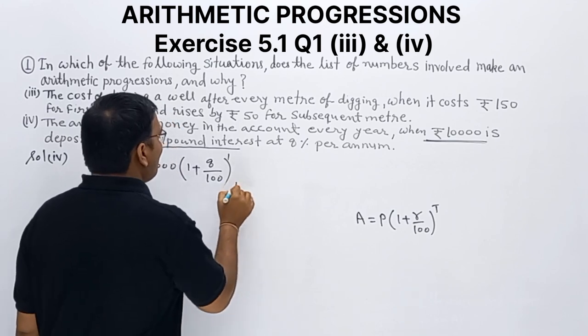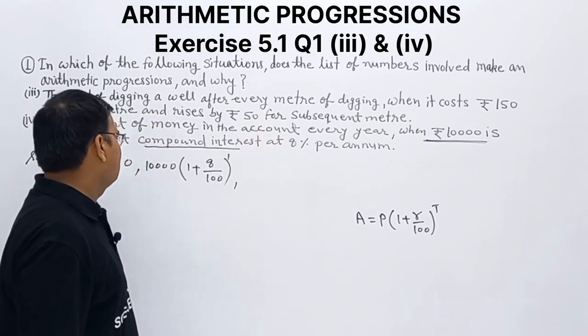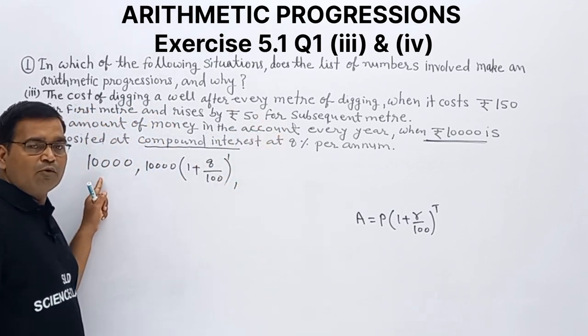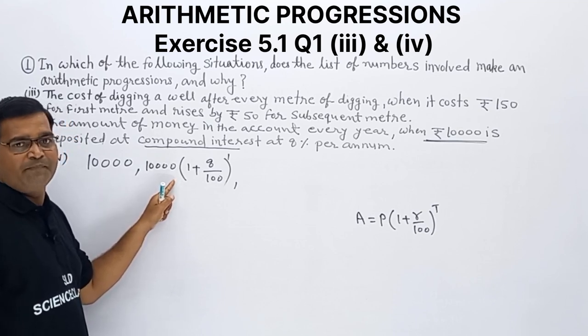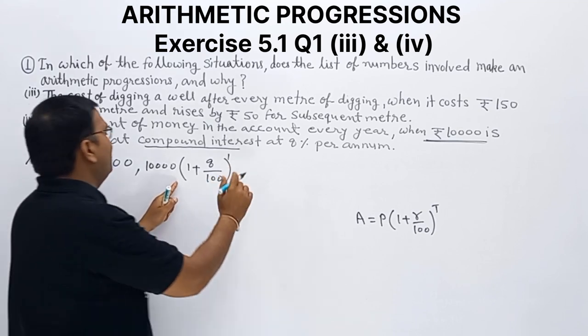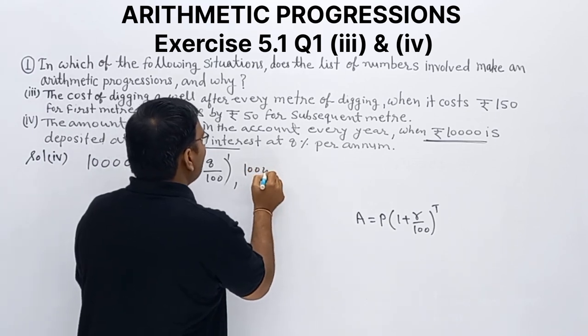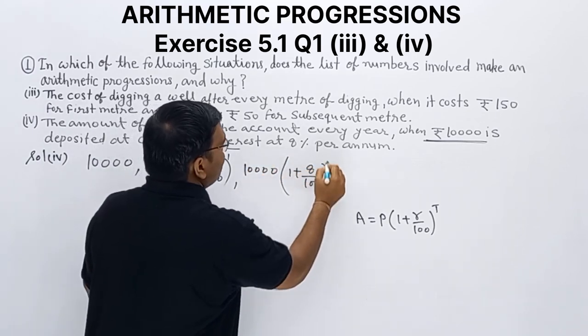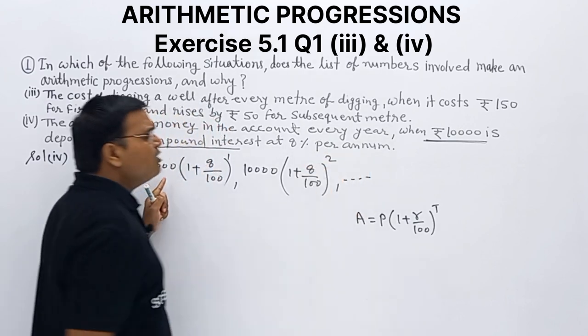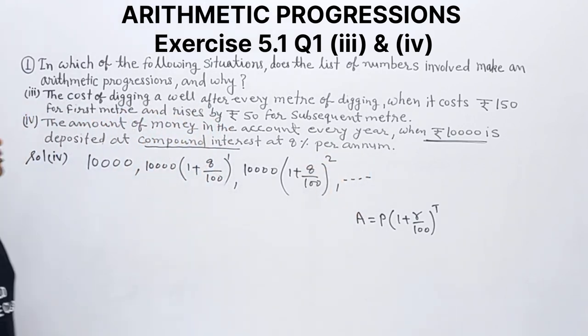Clear? Next, the initial amount is 10,000 for the 1 year, and the compound interest amount will be this one. For the 2 years, we write 10,000 into 1 plus 8 upon 100 to the power 2, and so on. Observe carefully. It is a simple question, not difficult.